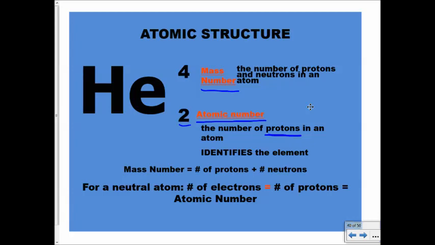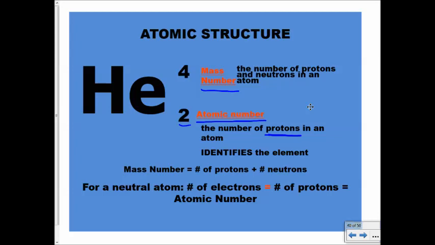That means every single atom of carbon is going to have 6 protons. That doesn't mean that every atom of carbon has 6 neutrons or 6 electrons. The only number that has to stay the same for carbon is the proton number. Carbon 14, which we'll show you in a minute, has 8 neutrons and 6 electrons.